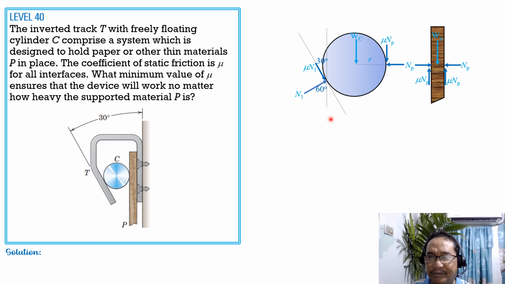Next we have to apply or extend that N1 passes through the center. Let's sum up forces, horizontal. So N1 sine of 60 degrees plus the horizontal component of mu N1, which is mu N1 sine of 30 degrees, equals NP.